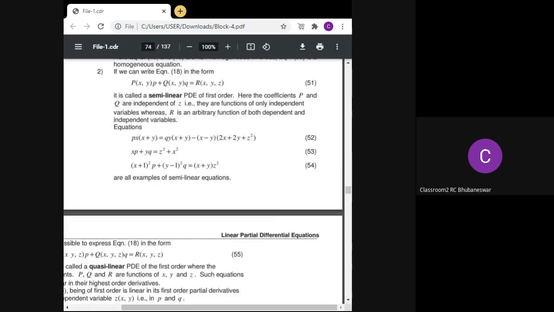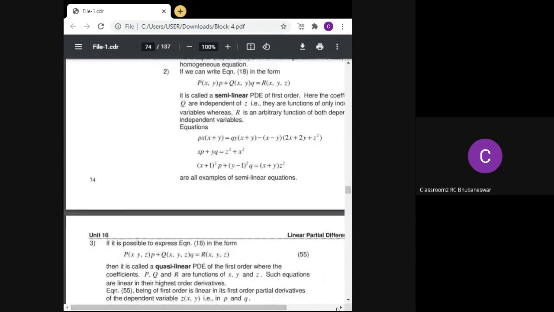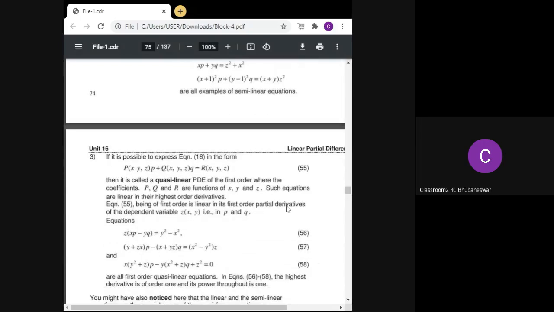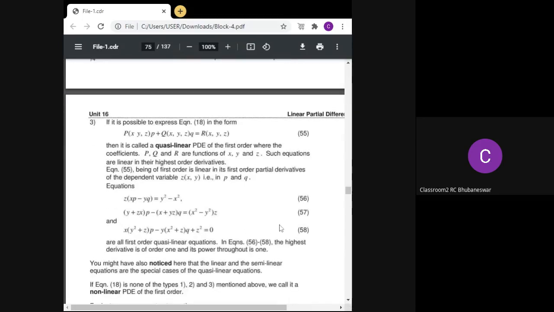So now let us move to the third kind of first order partial differential equation. Here, if we focus on equation number 55, capital P, capital Q, and capital R are all functions of x, y, and z. That means all three variables are present.